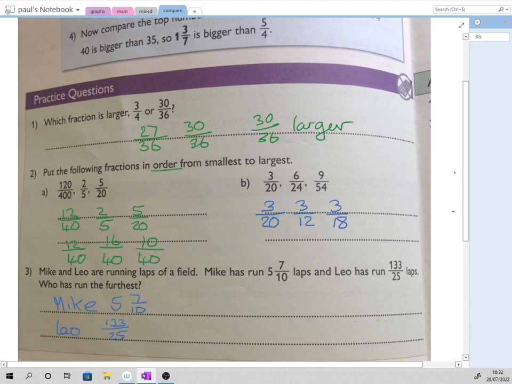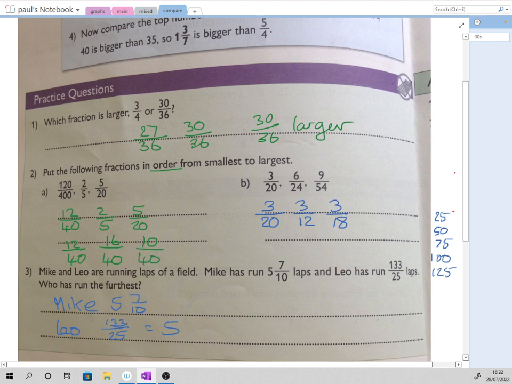So what I'm going to do is, that's the top heavy, I'm going to divide 133 by 25. Now, 25s go 25, 50, 75, 100, and 125. And I won't get any more than that. So it's 1, 2, 3, 4, 5. So this equals 5 and there is 8 left.